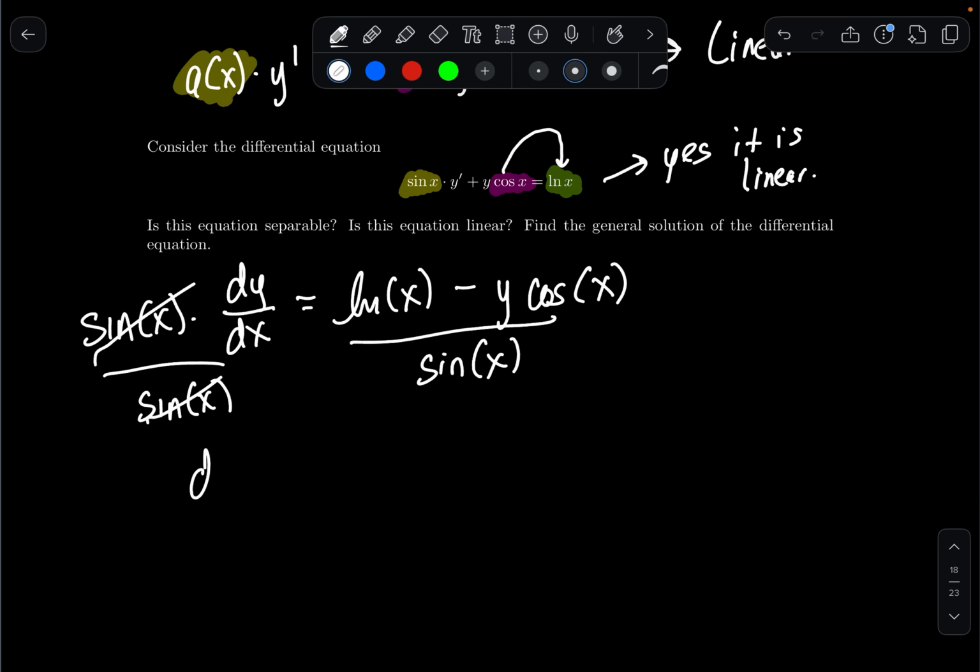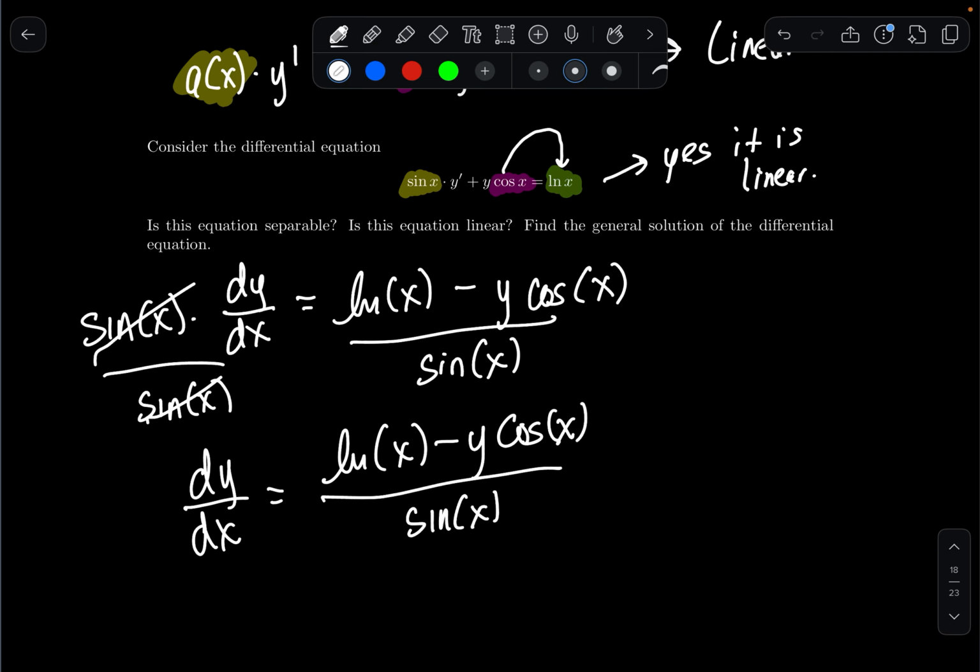And the reason why I do this is because the definition of being separable means that you can rewrite dy over dx as a function of x times a function of y. So can we do that here? Can we write this right side as a function of x times a function of y?